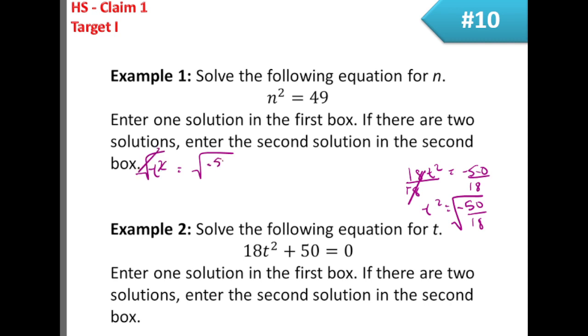Negative 50 over 18. Okay, this is plus or minus. And this is actually the same thing as square root of 50 over square root of 18. Should be negative 50. So negative 50 over square root of 18.